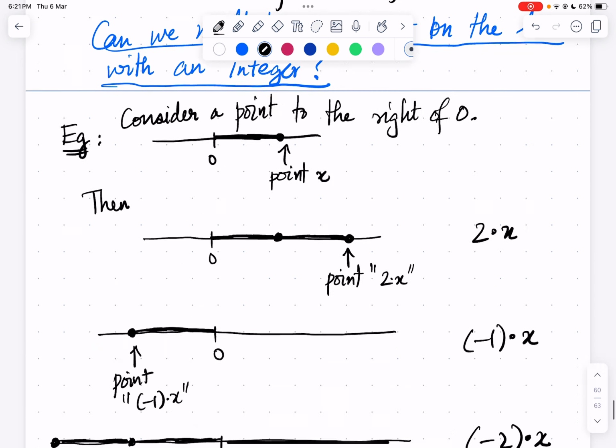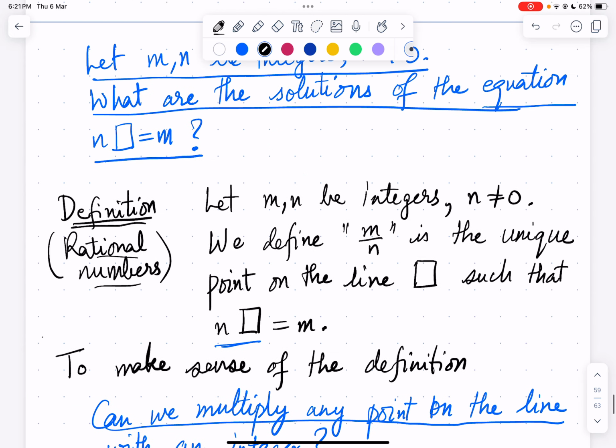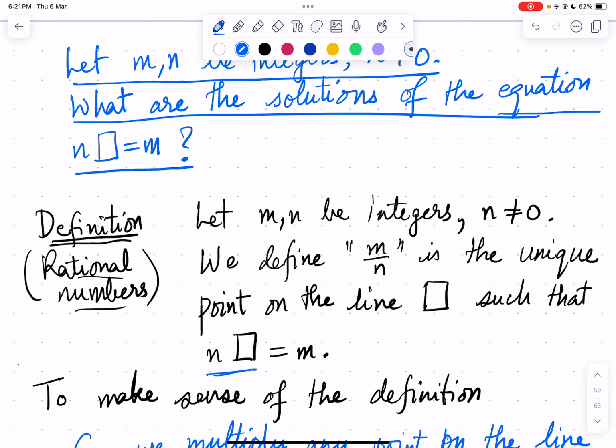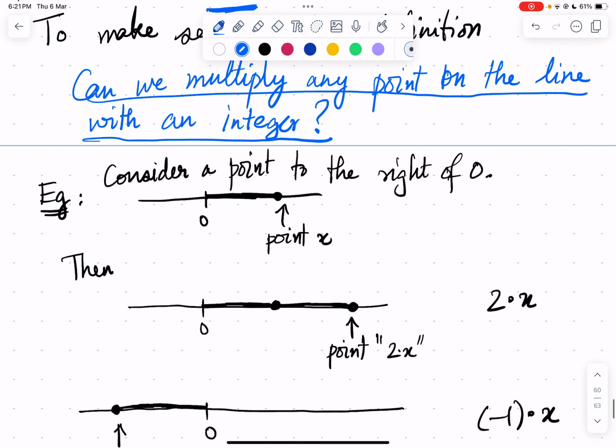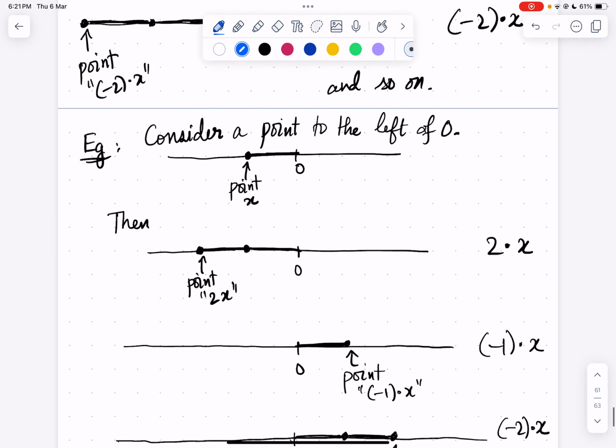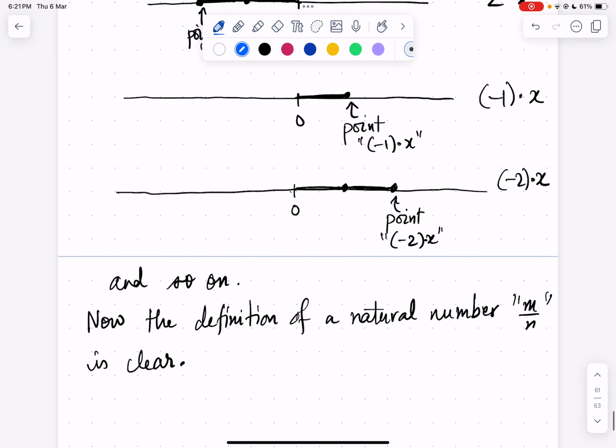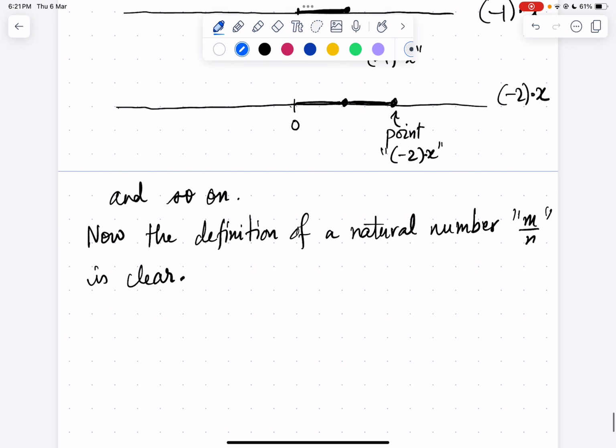To make sense of the definition, we needed to understand what an integer times a point on the line means. Then only we can make sense of the definition. So an integer times a point on the line is defined as below. Now the definition of a rational number m by n is clear.